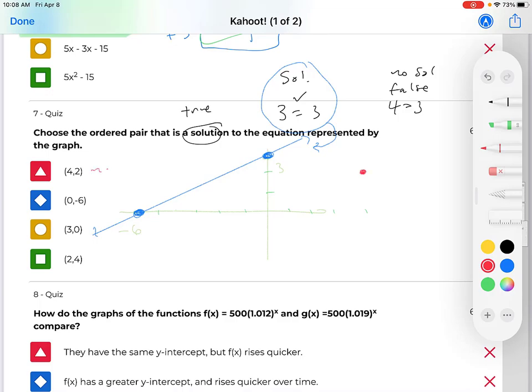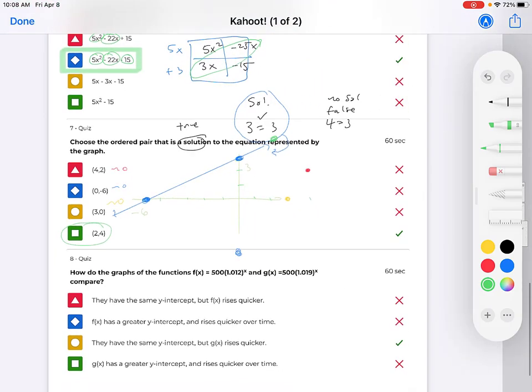No. How about (0, -6)? 0, down 6, is that on the blue line? No. (3, 0) would be right here, so this would be a no. And then (2, 4), right 2, up 4. That's going to be on the line, so that's our answer.